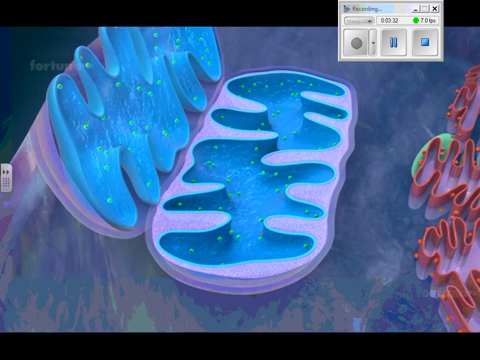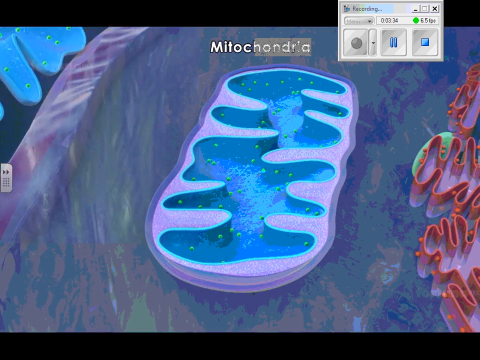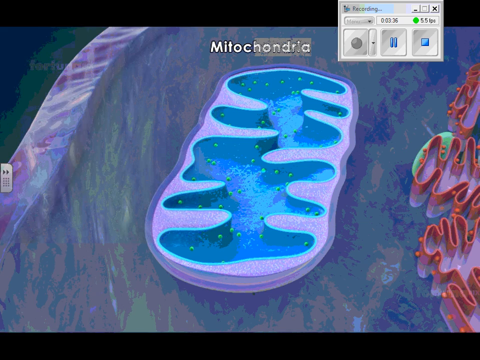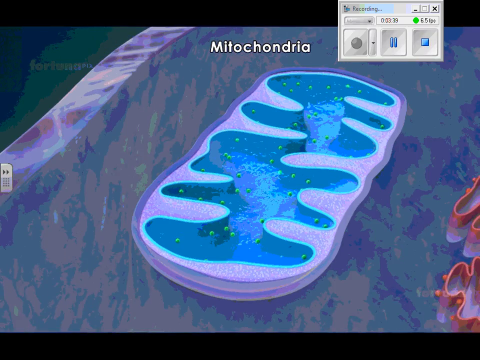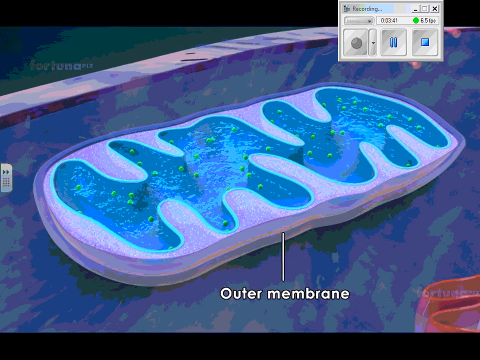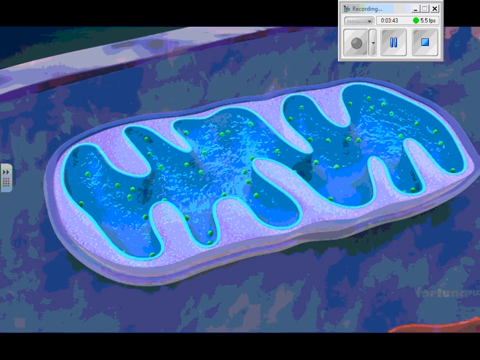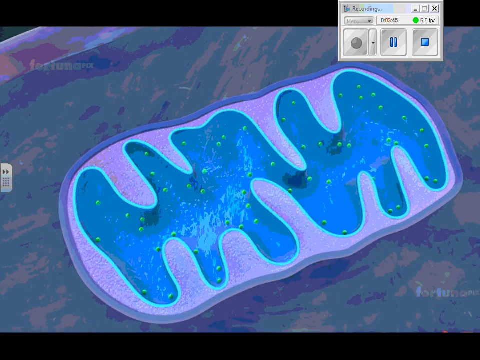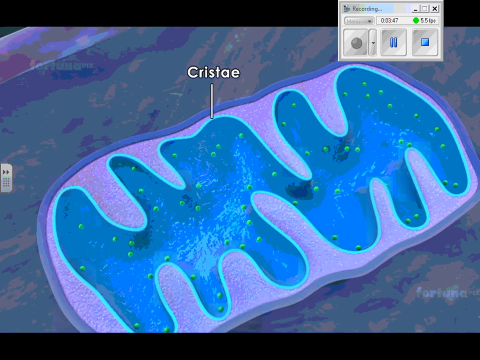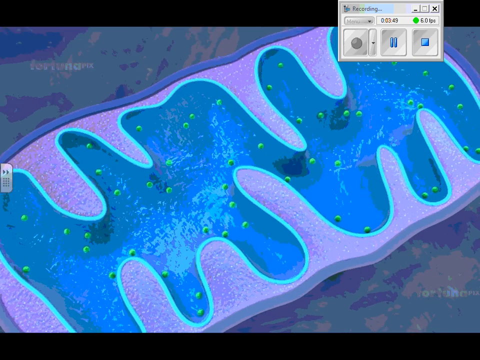Mitochondria, the largest of the cell organelles, are bound by 2 membranes. The outer membrane is smooth, while the inner membrane has many inward folds known as cristae. On the cristae, sugar is combined with oxygen to produce ATP.